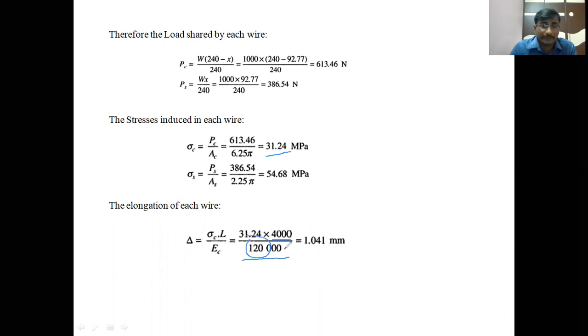If we convert it to megapascals, it is 120,000. Upon substitution of all the values, we get the elongation of each wire as 1.041 mm.